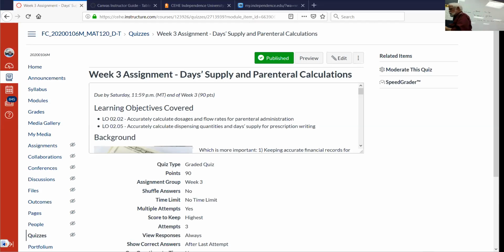Now we have said 10 milliequivalents of potassium chloride in 500 milliliters normal saline over 8 hours using a 60 drop per minute set, an infusion set. Remember, there are 4 basic infusion sets. They will deliver 10 drops per milliliter, 15 drops per milliliter, 20, or 60.